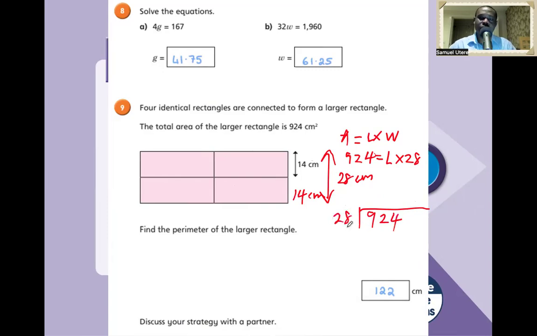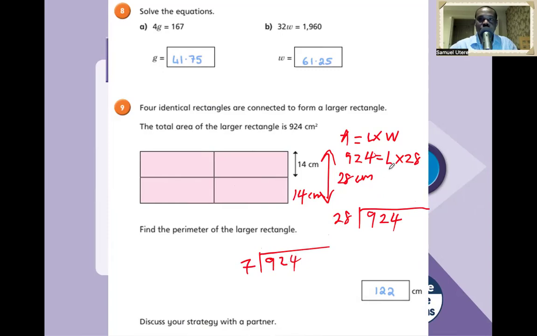Somebody might think, I want to do this in 2 different ways. So you've got to be thinking, what numbers would I multiply to get 28? We know it is 4 times 7. So 4 times 7 is 28. So someone could say, let me do 924 divided by 7 first, and then I will divide my answer.